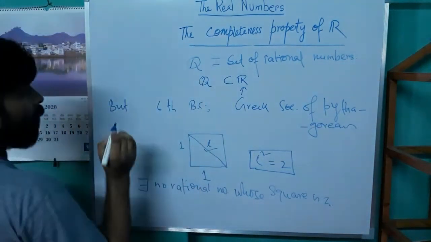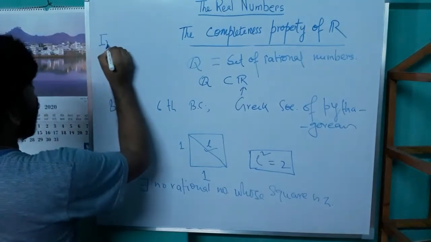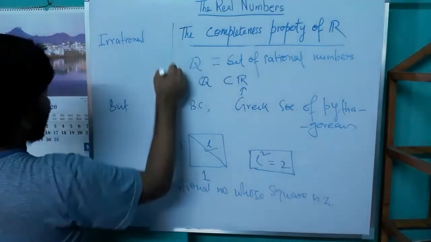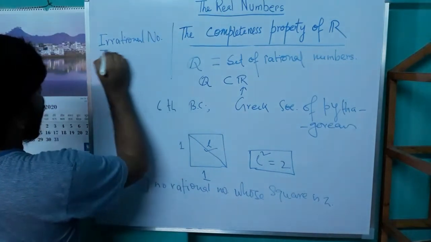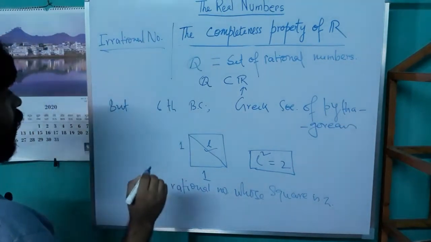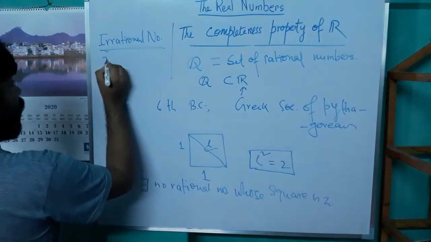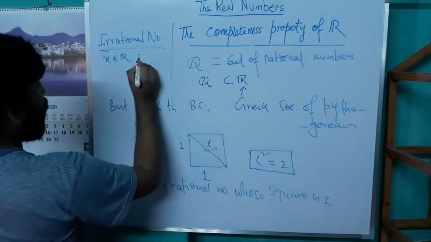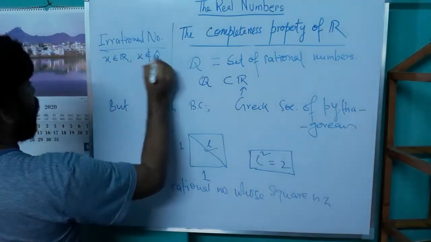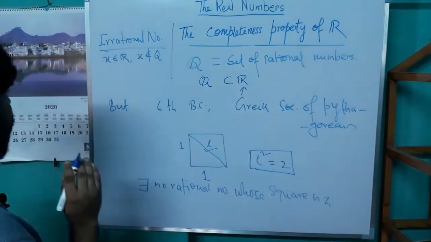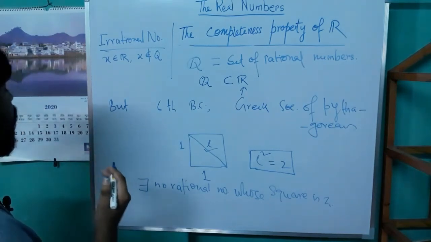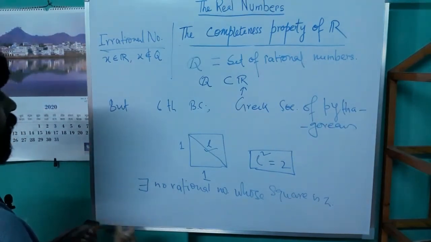This helps us to define irrational numbers. Irrational numbers are real numbers which are not rational. That is, irrational numbers are real numbers which cannot be expressed as a ratio of two integers.